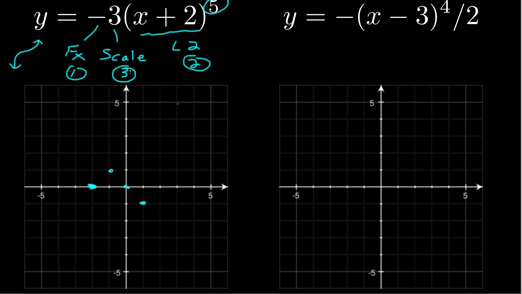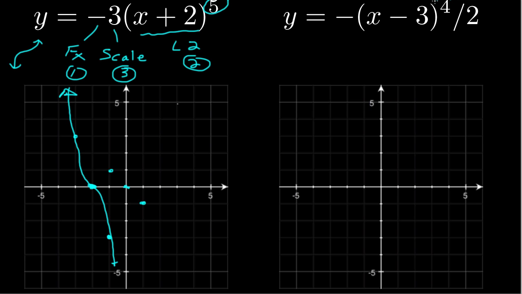And to incorporate the scale factor of 3, when I go left 1, I'm going to go up 3 units, and right 1, down 3 units. So connecting the big dots produces a rough sketch of the fifth degree power function, including its transformations.